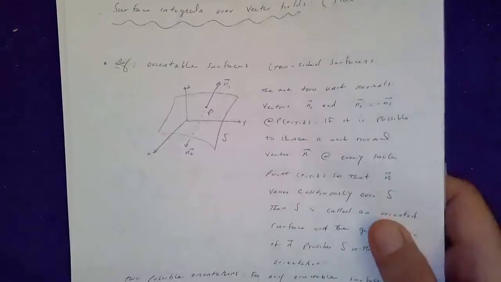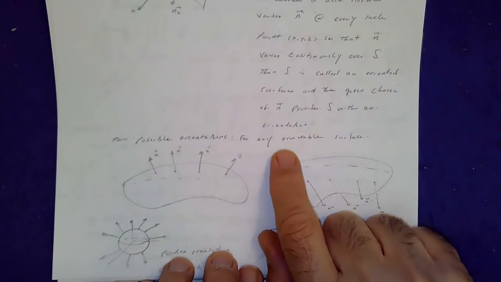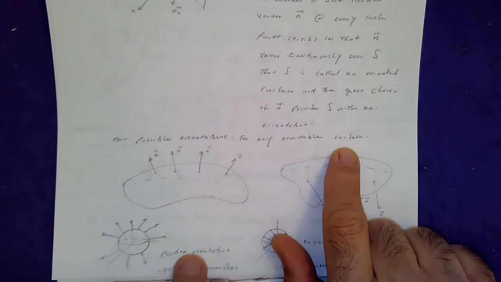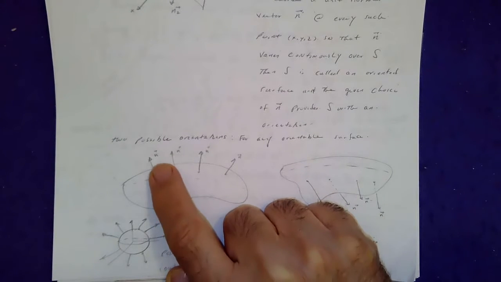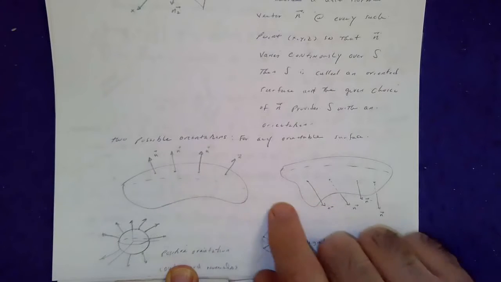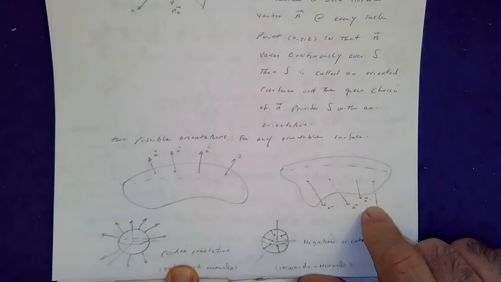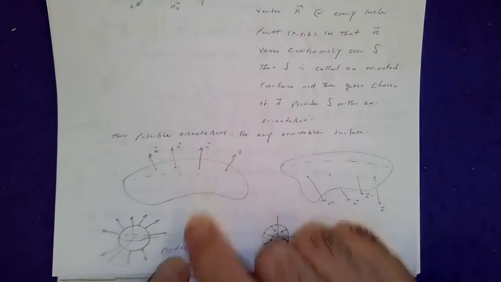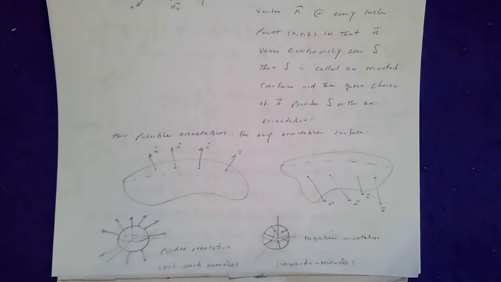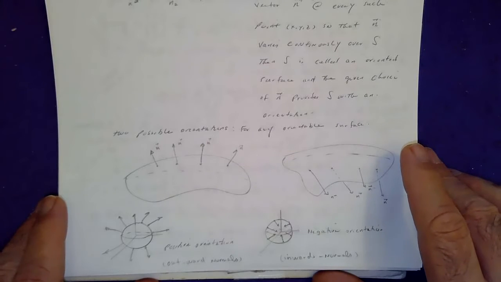For instance, there are two possible orientations for any orientable surface. Either the normals are pointing upwards or downwards. If they point upwards, we say the surface has a positive orientation. If they point downwards, we say the surface has a negative orientation.